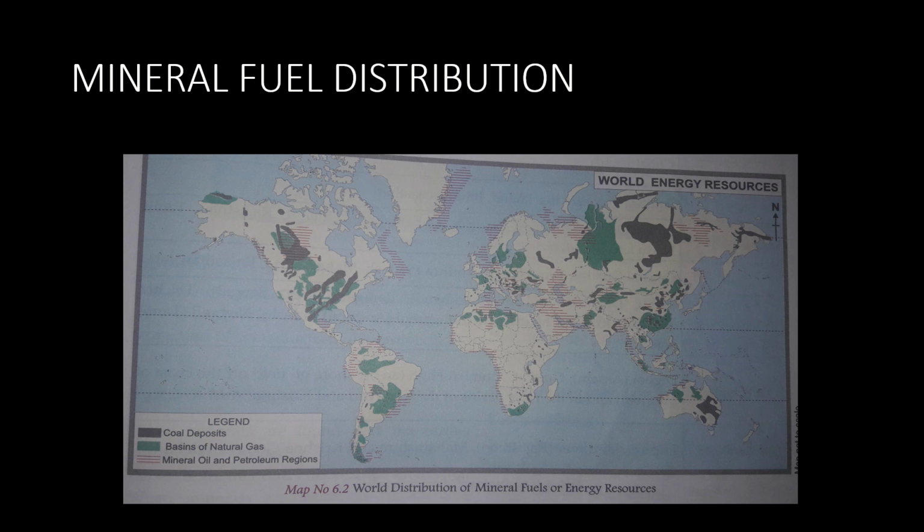The black markings, which constitute coal, are found in China, USA, Russia, India, Australia, South Africa, Germany and France, whereas the mineral oil and petroleum regions are the Middle East, that is Saudi Arabia, Qatar, Kuwait, Iran, Iraq, Libya, United Arab Emirates. Other than these, we have petroleum in Russia, China, Venezuela, USA, Canada and Mexico.